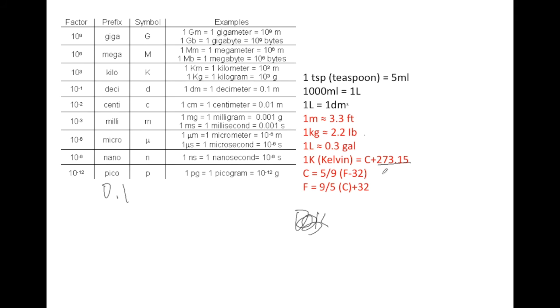Basically, the lowest degree possible is negative 273.15 degrees Celsius, just like that. So this is a conversion between Celsius and Fahrenheit. You don't really have to remember this, but it's good to know.